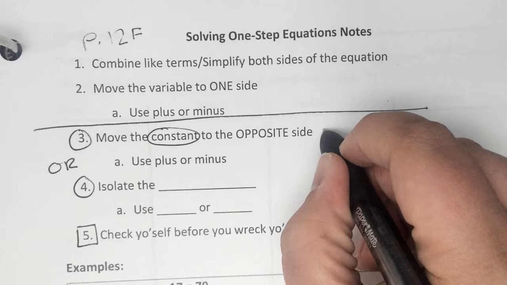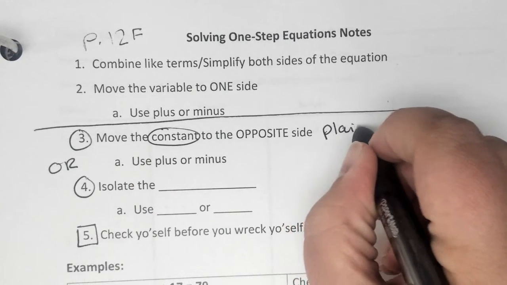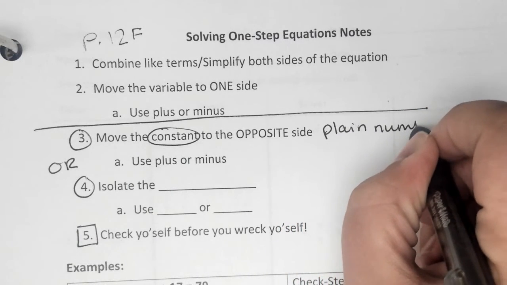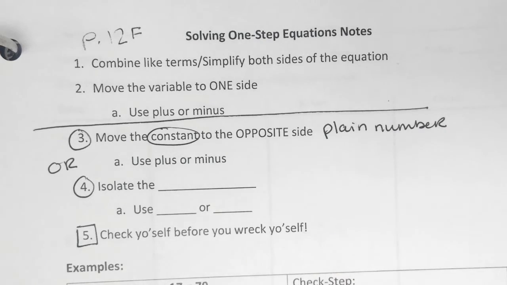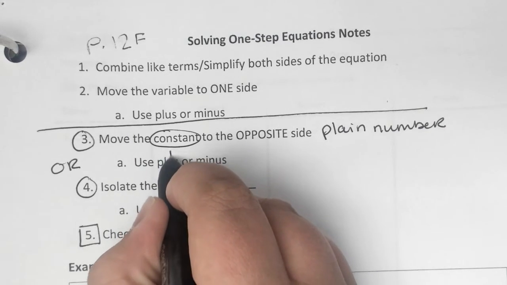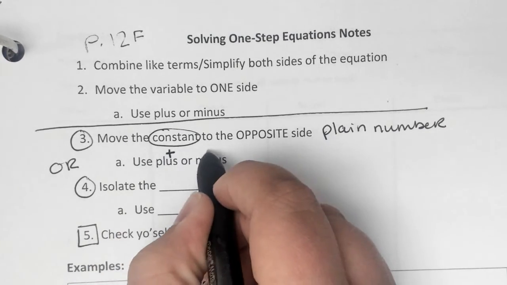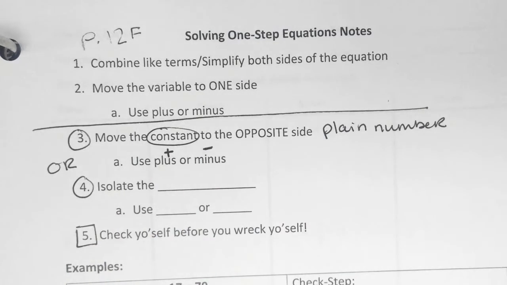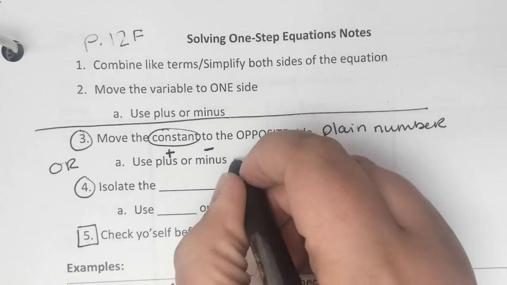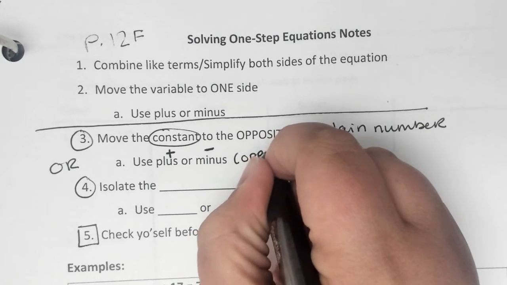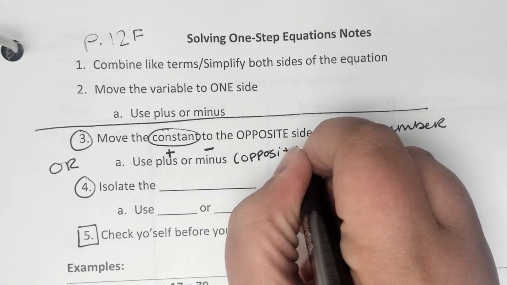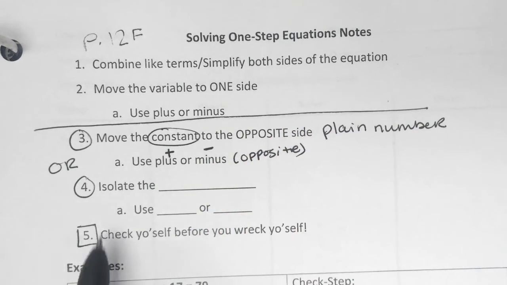Remember, a constant is just a plain number. If we have a constant, the step we use will have a plus or a minus. We'll use the opposite of whatever sign is already there.